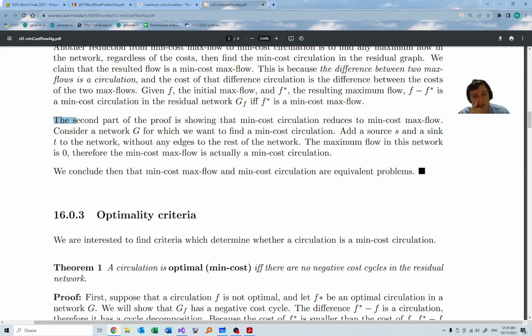We add a source S and a sink T to the network without any edges to the rest of the network. We just add them.